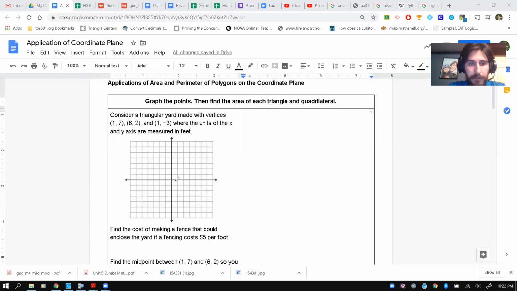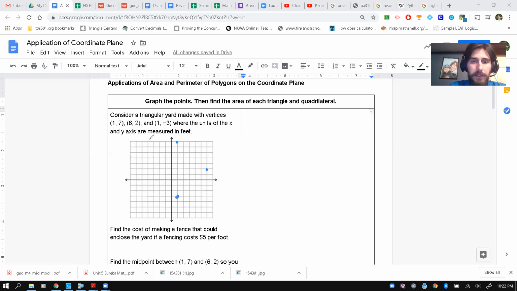So the first one would be at (1, 7). To plot that point, it's given to me as an ordered pair in x, y. So I'd go right 1 and up 7: 2, 3, 4, 5, 6, 7. To plot this next one, I would go over 6 and up 2. And then to plot this last one, I would go right 1 and down 3.